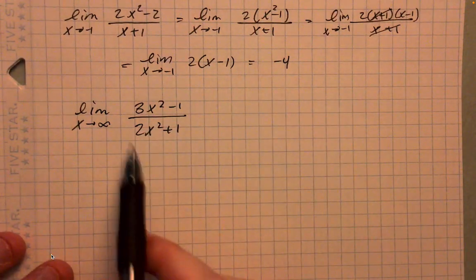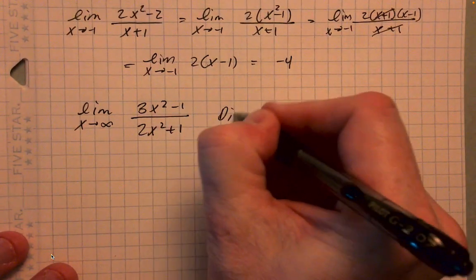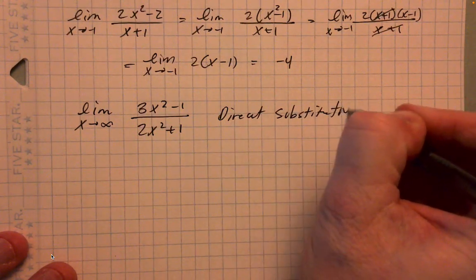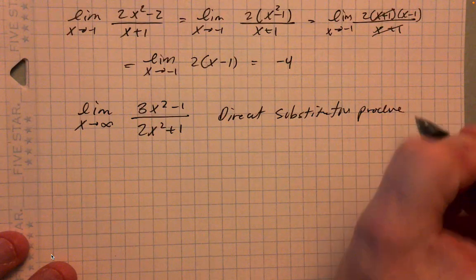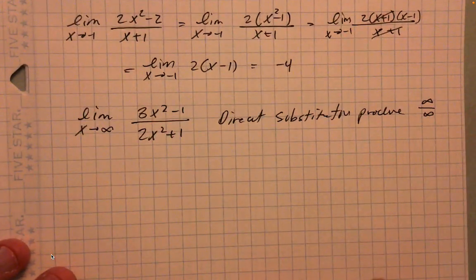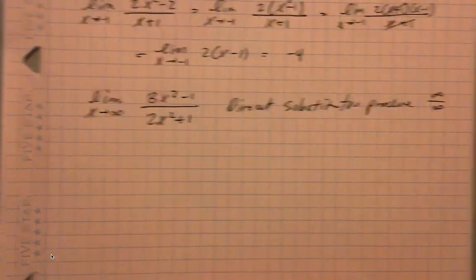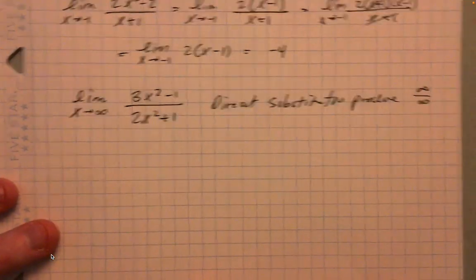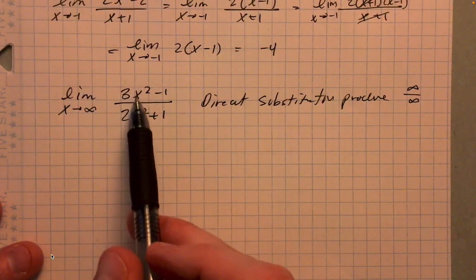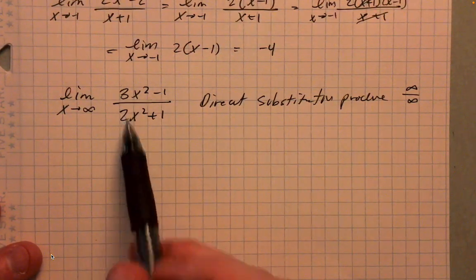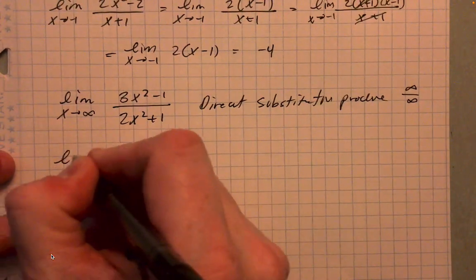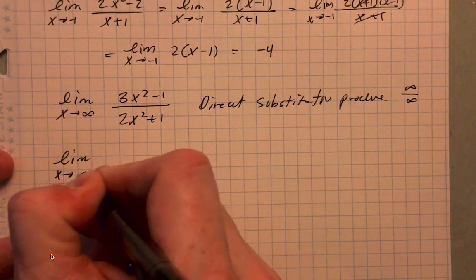In this case, direct substitution would produce the indeterminate form of infinity over infinity. We know that in fact the limit here is 3 over 2, 3 halves, and we would have employed the following technique to evaluate those.